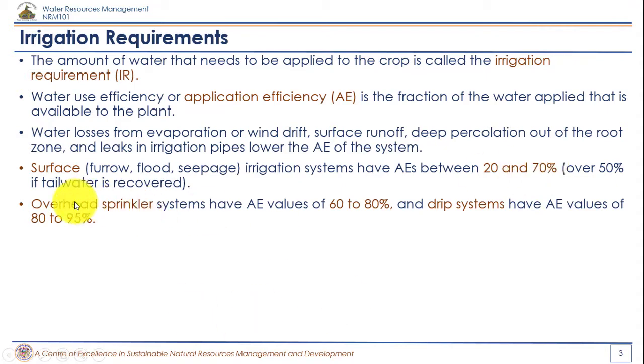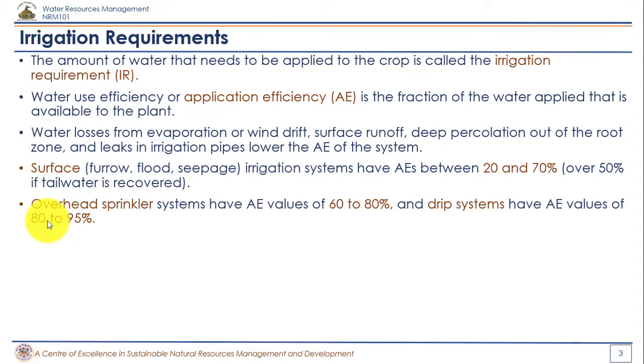And if you look at the overhead sprinkler systems, the application efficiency goes to 60 to 80%. So that means we have less window of wastage of water. And drip irrigation system, 80 to 95% is what the application efficiency of the system is.